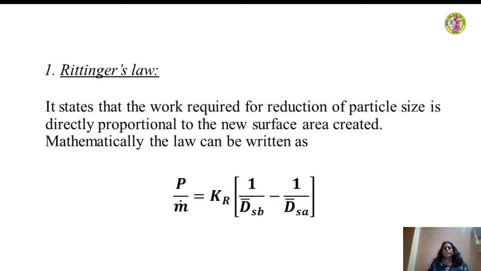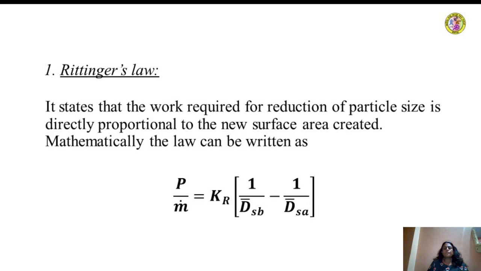Here P represents the power required in kilowatts. M dot is the feed rate to the machine in tons per hour usually. DSA bar and DSB bar are the sizes of the feed and product respectively, that is, the volume to surface mean diameter of feed and product respectively.